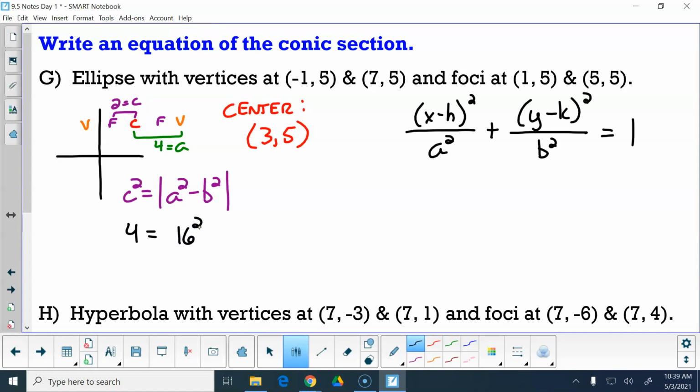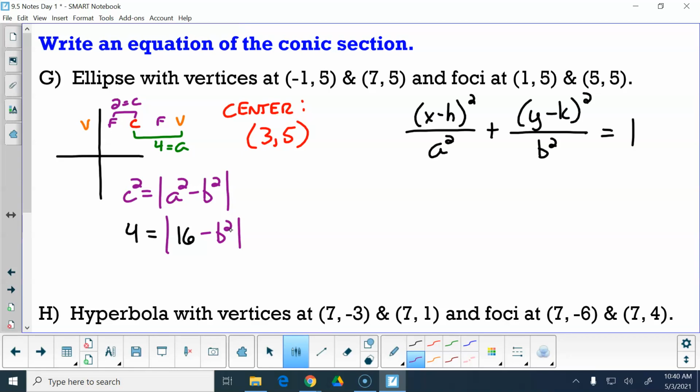Excuse me, not 16 squared, it would be 16. And we would need to subtract off b squared. Well, 16 minus what gets me 4? 12.